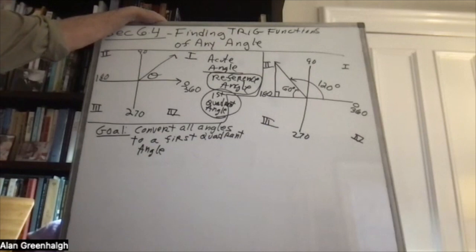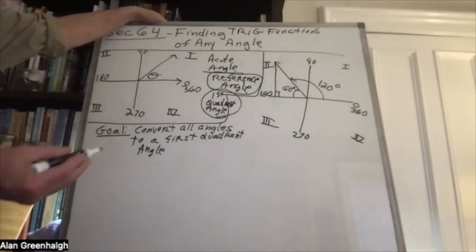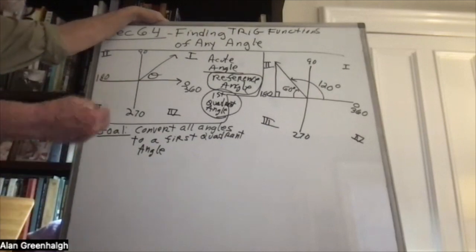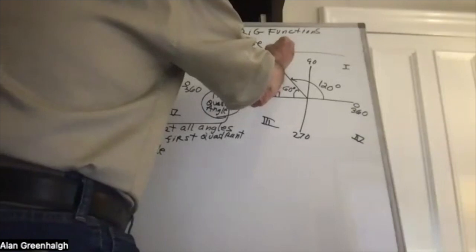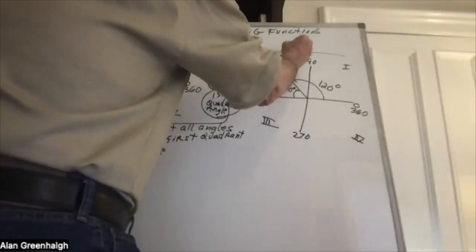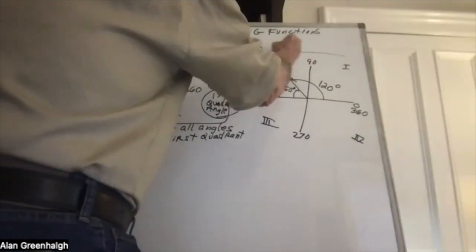So to generalize, any second quadrant angle can be converted to a first quadrant angle by taking 180 and subtracting the angle.